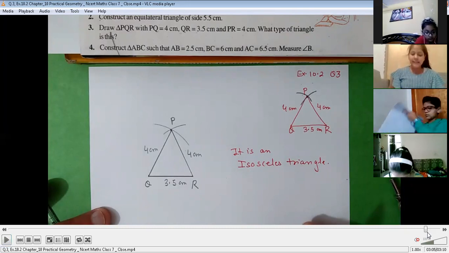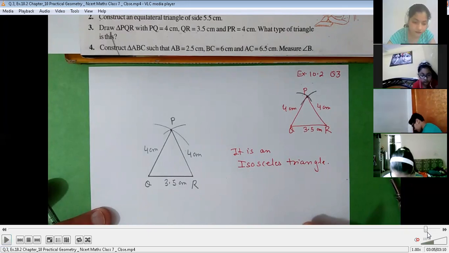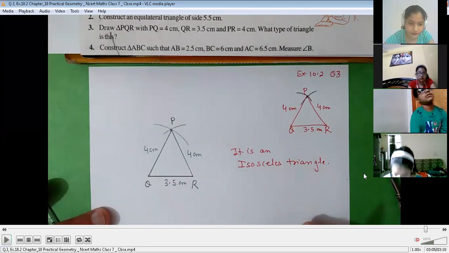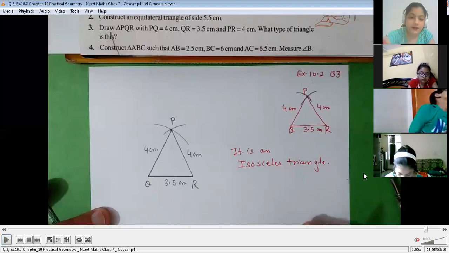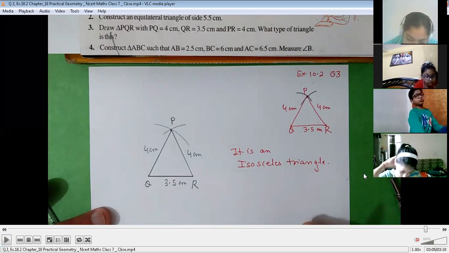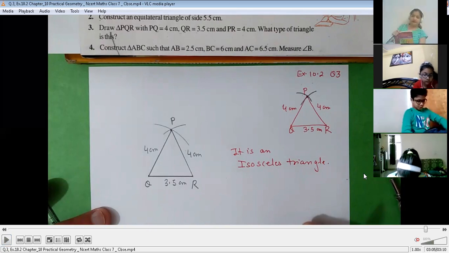Draw a line segment QR equal to 3.5 centimeters. That's right, absolutely correct. Tanvi, can you tell me the second step? With Q as center and radius 4 centimeters, draw an arc. Yes, with Q as center and radius 4 centimeters, draw an arc.